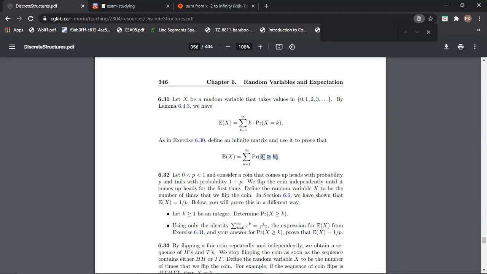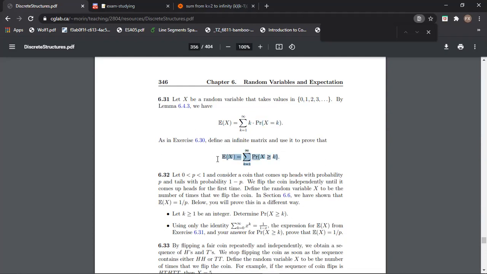If you expand these guys, it really makes sense. The number of times you write k times the probability that X is equal to k, when you break these guys down, this will happen a certain number of times. How many times will you get something greater or equal to k? A certain amount of times.